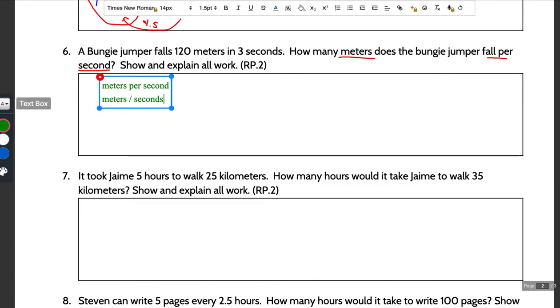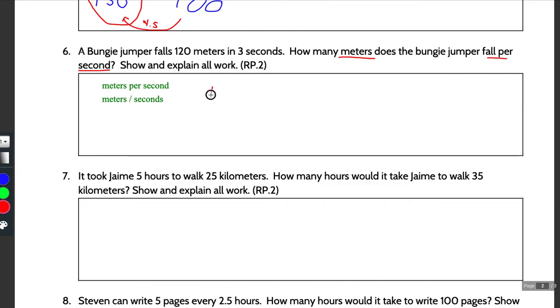So we have 120 meters divided by 3 seconds. This would equal, right? You can also think of this as proportions, equivalent fractions. So you could think of it making another one where it's 1, and this would be 40, right?